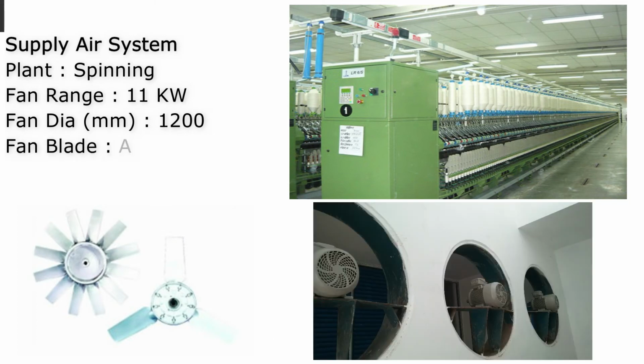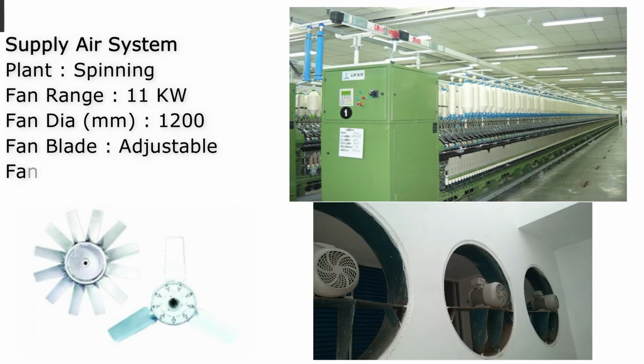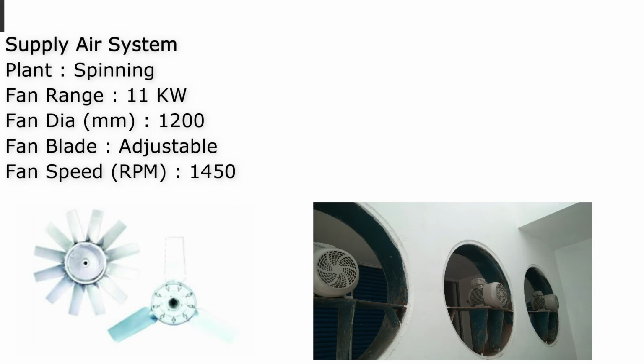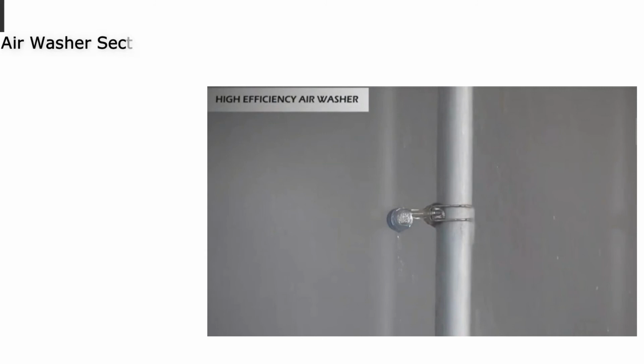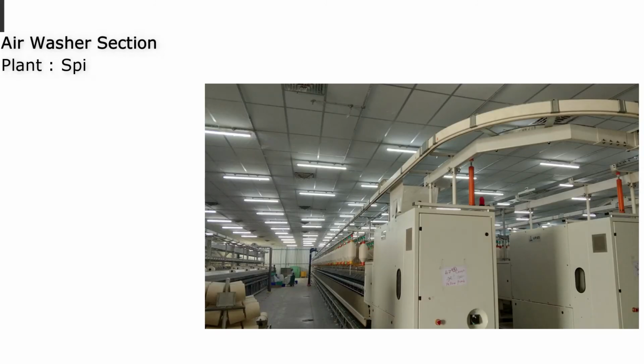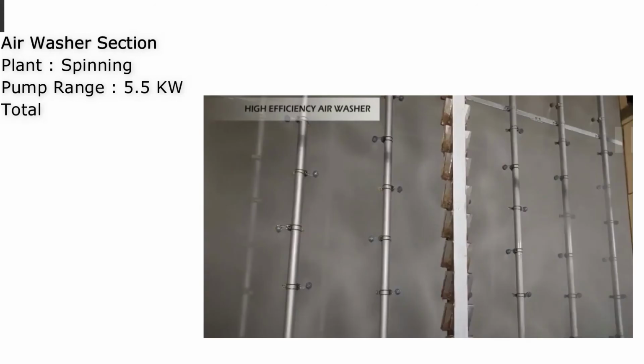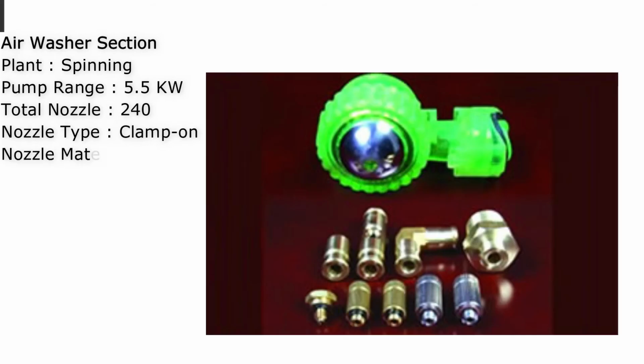Fan blade, adjustable. Fan speed, 1450 RPM. Air washer section, plant: spinning. Pump rating, 5.5 kW. Total nozzles, 240. Nozzle type, clamp-on. Nozzle material, PVC.